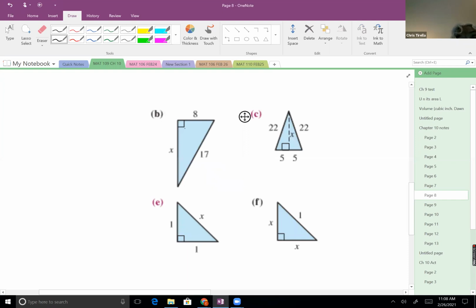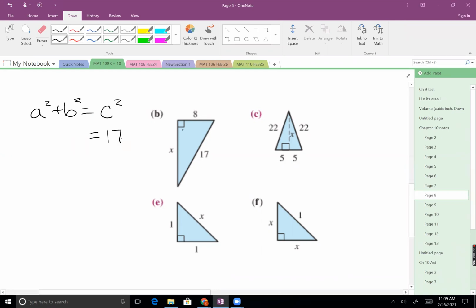B is a right triangle, so we can use it to find x if I have a squared plus b squared equals c squared. What would you tell me C is? That's the most important one to fill in first because it's the one that specifically must be one of the sides. 17. Beautiful.